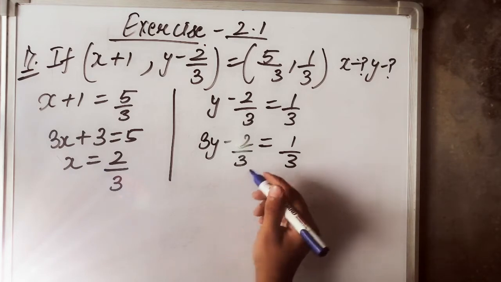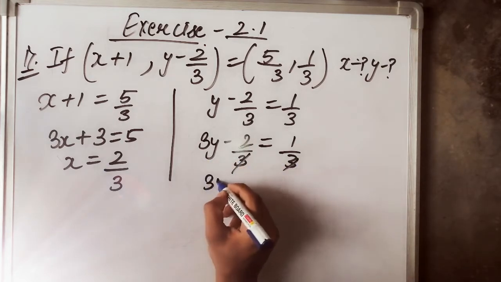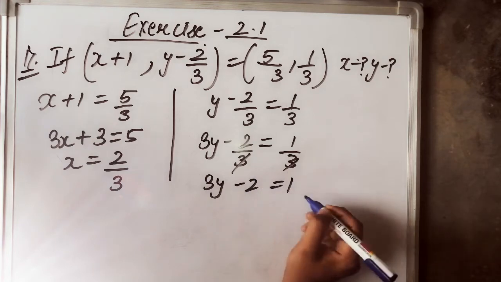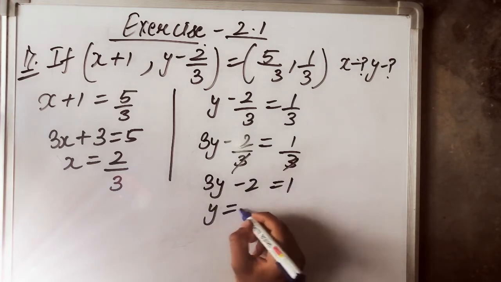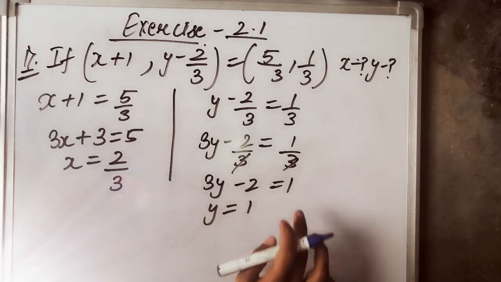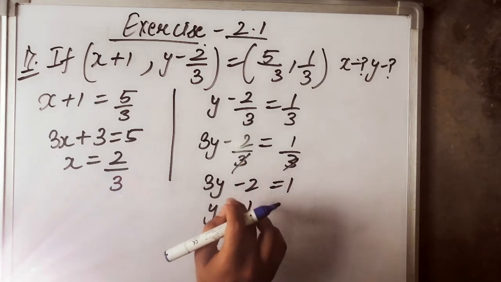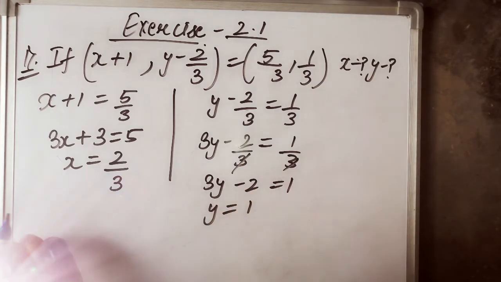Take the LCM first, then you can do so. 3y minus 2 equals 1 and y equals 1. Okay, taking minus 2 here, we have 3, and dividing by 3, we have 3 by 3, we have 1. Okay, pause the video to note it down.